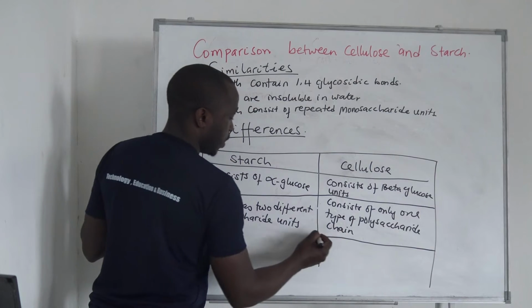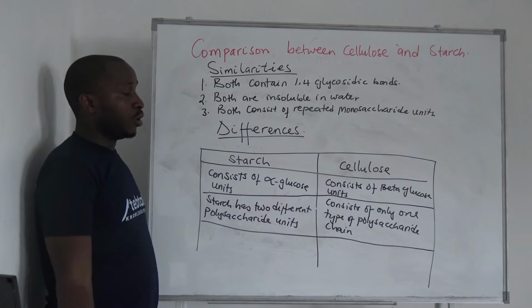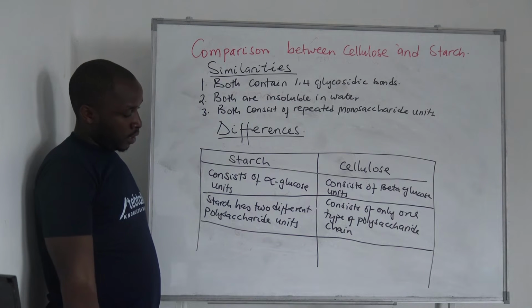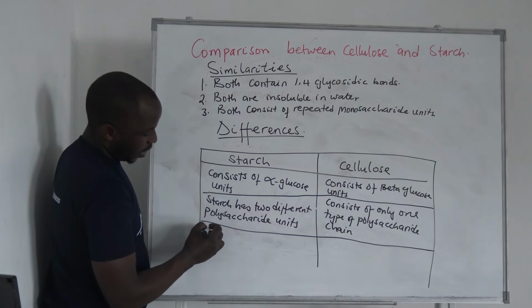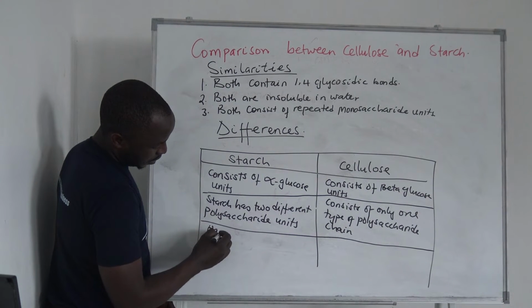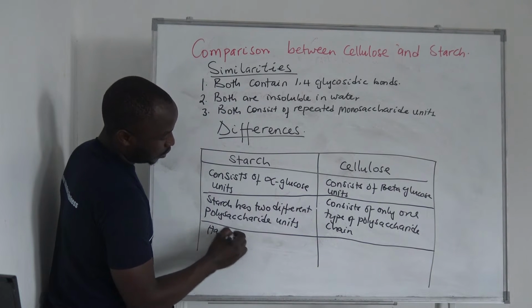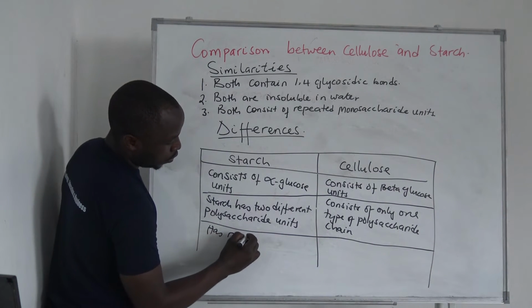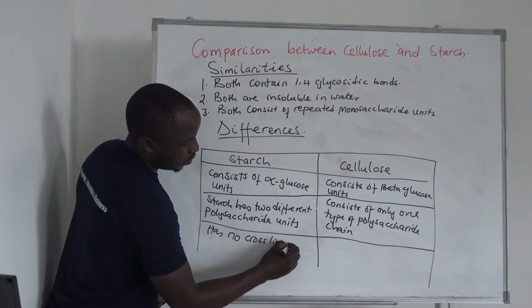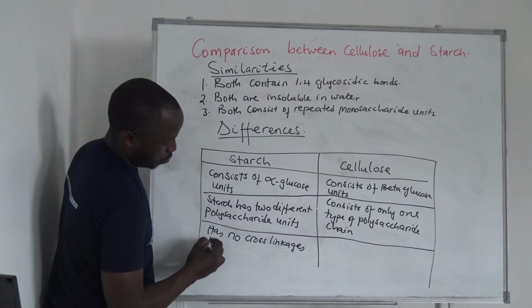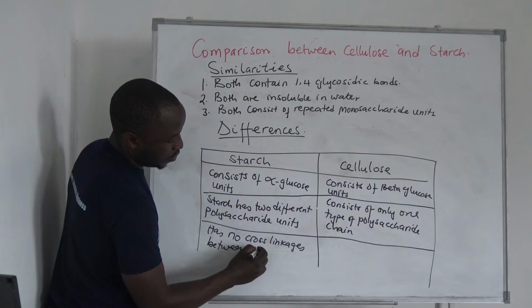One type is present in cellulose. So meaning cellulose also has... no, this starch now has no cross linkages between polysaccharide units.